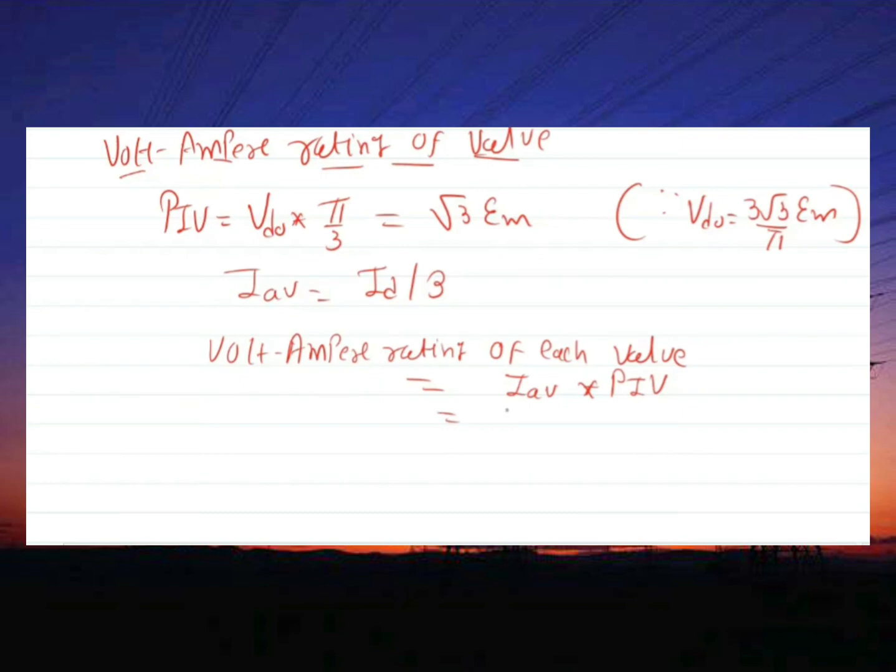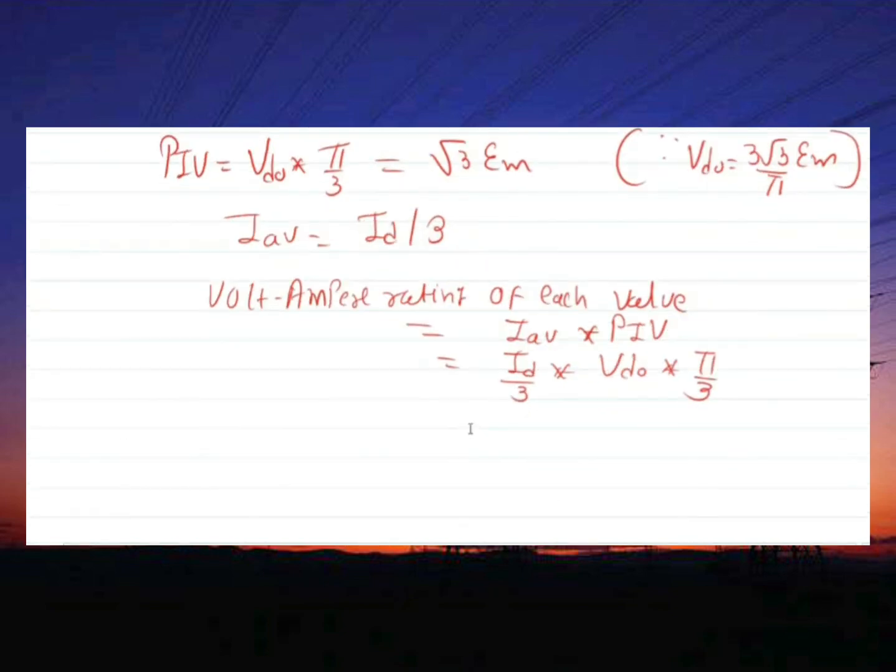What is I average? It is Id by 3. And what is PIV? It is VDO into pi by 3. So we get 0.349 VDO Id. This is for each valve.